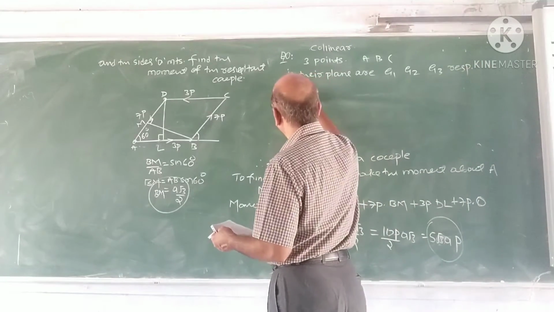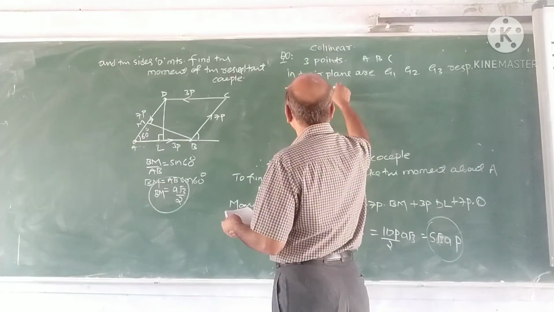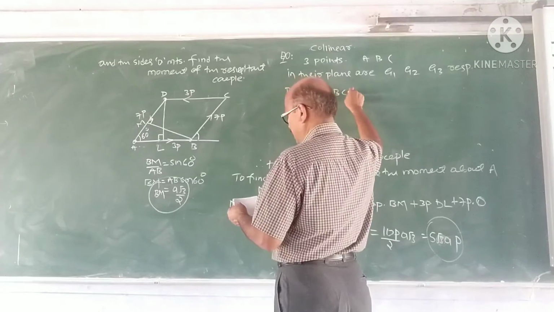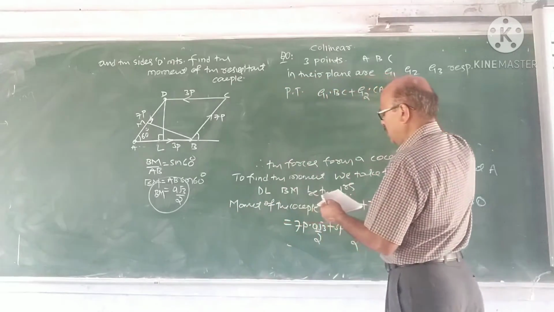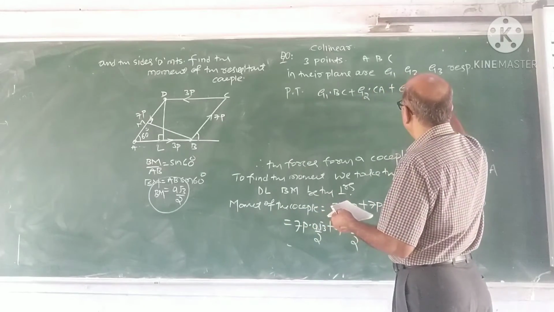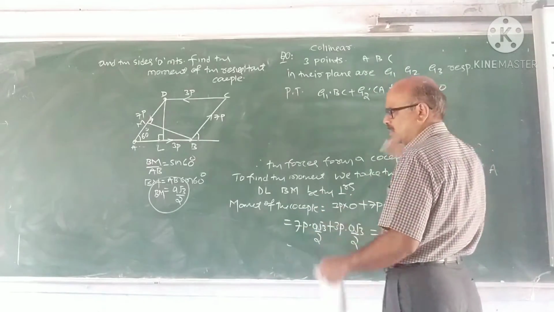Prove that G1 dot BC plus G2 dot CA plus G3 dot AB is equal to 0.